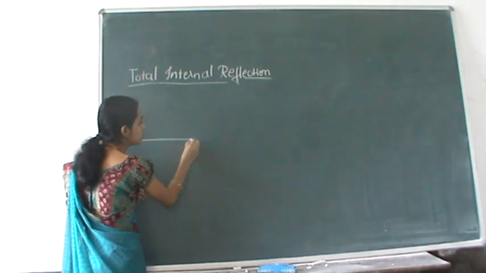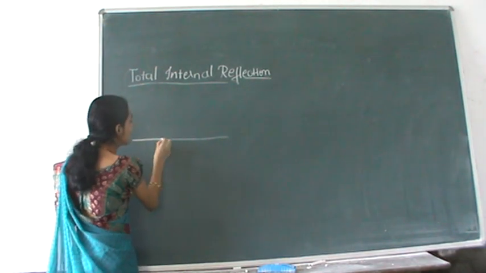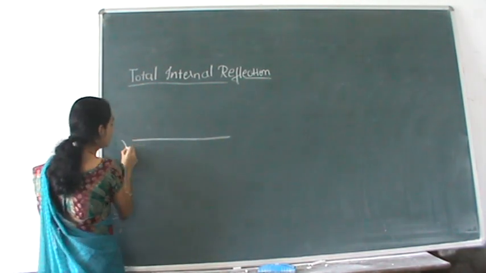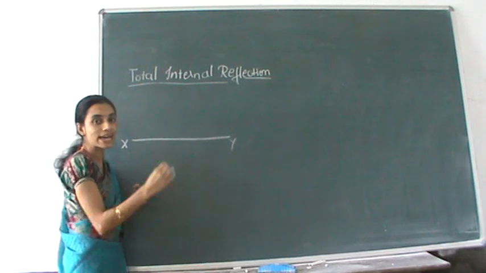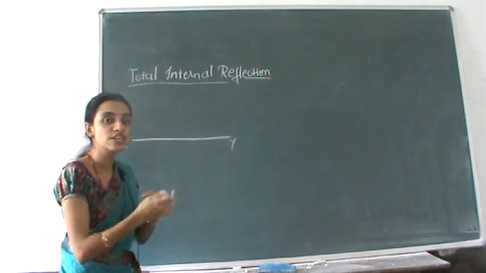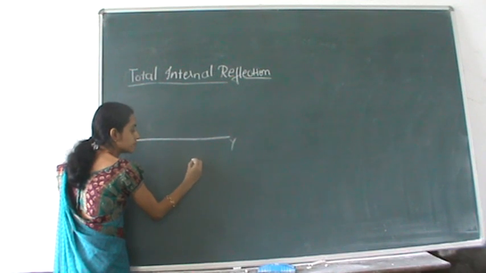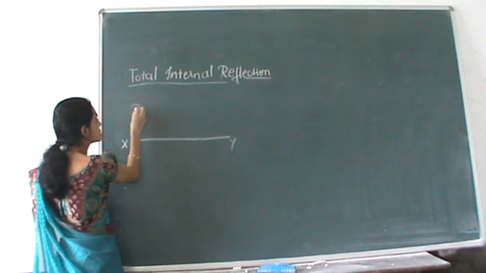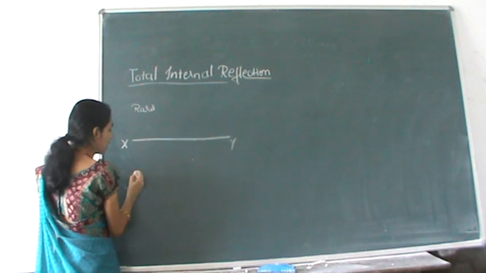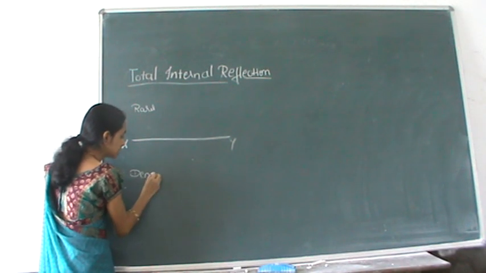I will consider an interface. Let XY be the interface which separates two media. First, let one be the rarer medium and the other the denser medium.